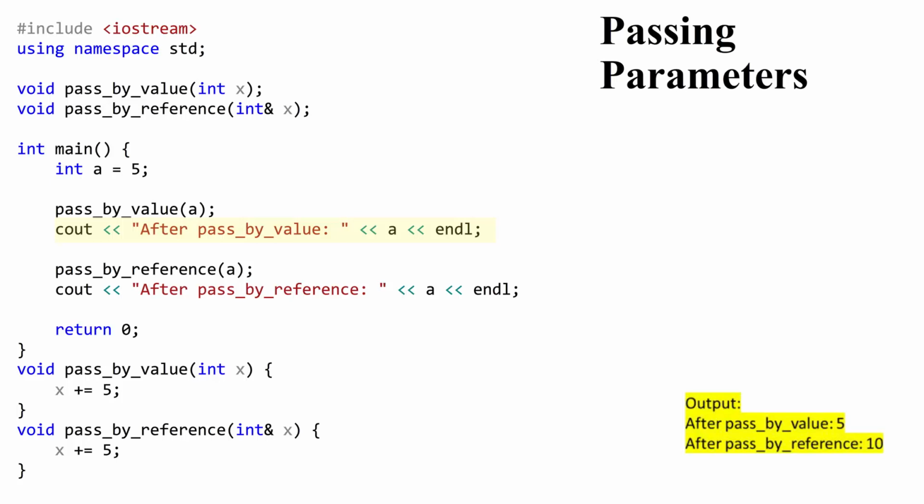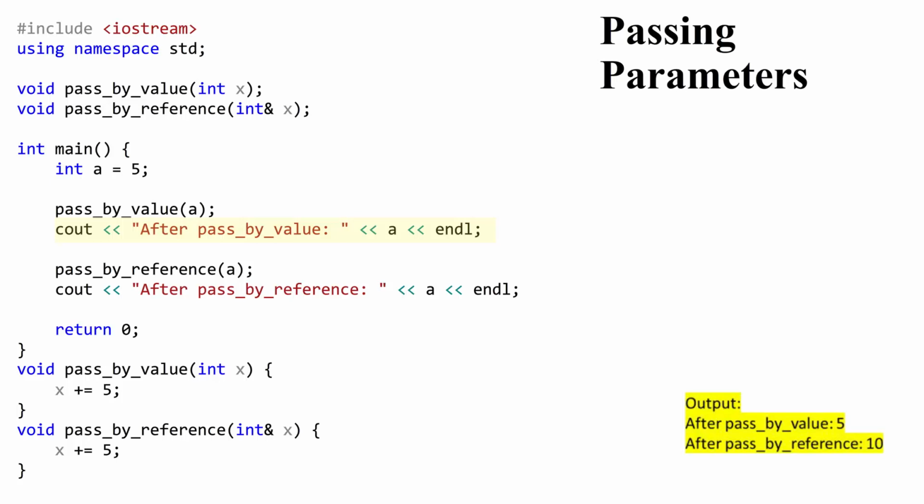So it prints the value of a after the pass by value function call. This value of a remains unchanged as the function only modified its local copy of the value.